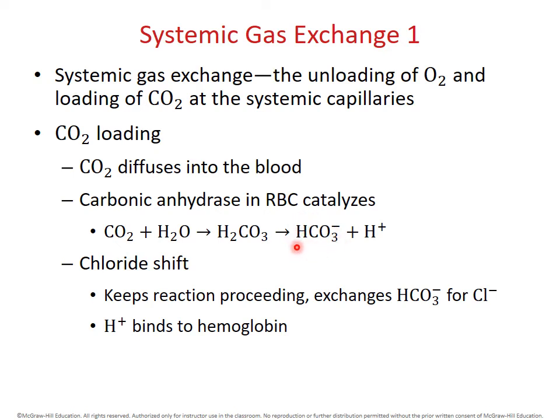Now remember, again, something we talked about way back in the first chapter of this semester, blood has a very narrow range of pH. The pH of the blood has to be slightly alkaline, somewhere between 7.35 and 7.45. There's a couple of mechanisms for maintaining that very narrow range of pH.